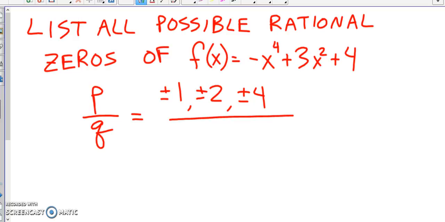What is the leading coefficient? It's negative 1. So what are the factors of negative 1? Right.